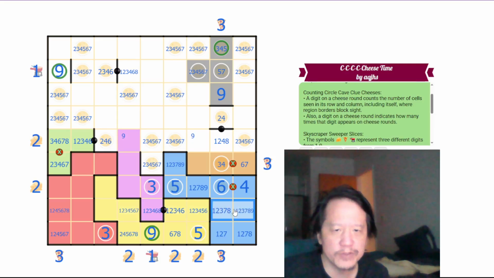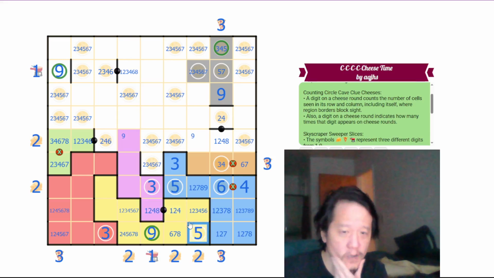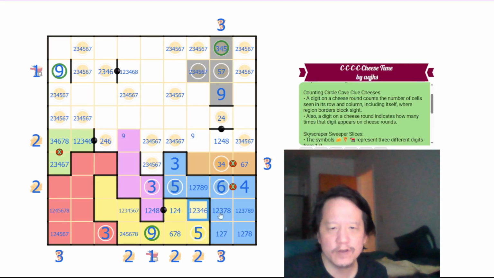So that would eliminate 3 from being in the blue region here. So 3 in the blue region would have to be there. That's interesting. Again, no 3 here, no 3 here. So this can't be 3 and 6. No 5 here.